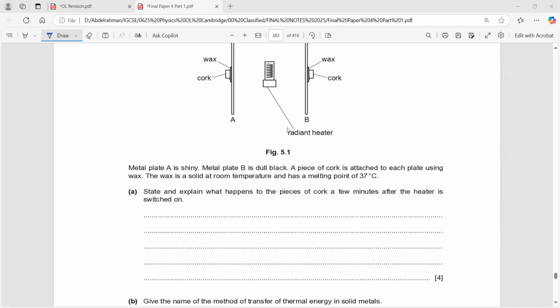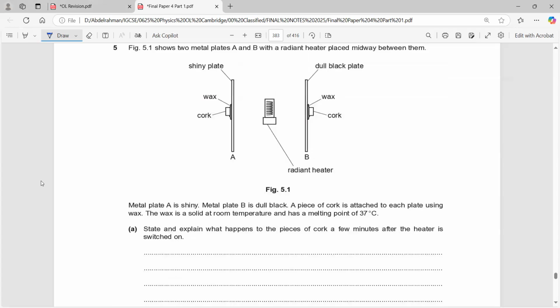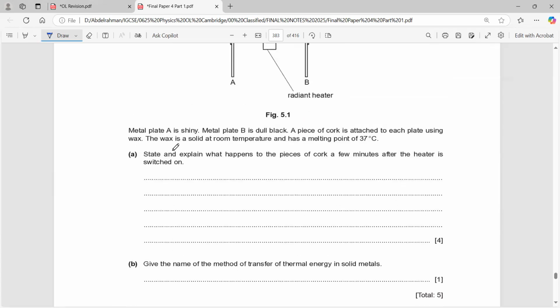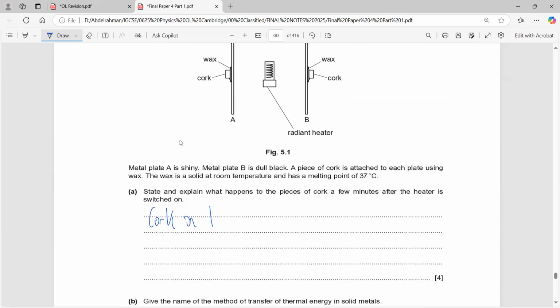Of course the one on the black side, on the black surface, which is on B. You can say that the dull black surface is the best absorber of infrared radiation. It absorbs infrared radiation at a faster rate. We'll say that the cork on plate B will fall down first.